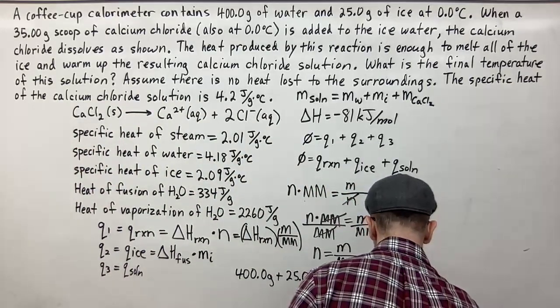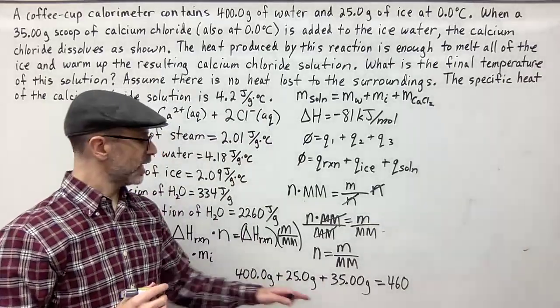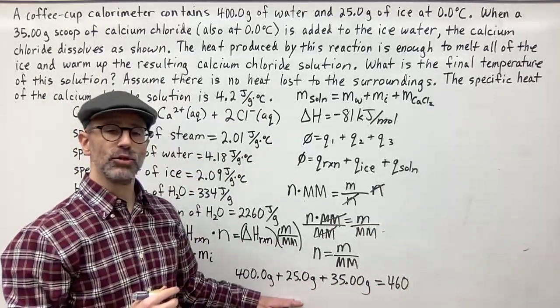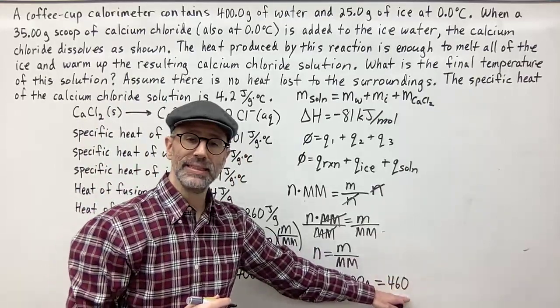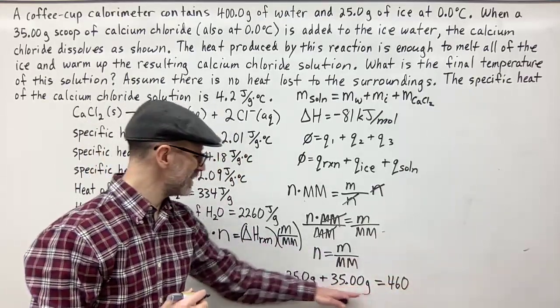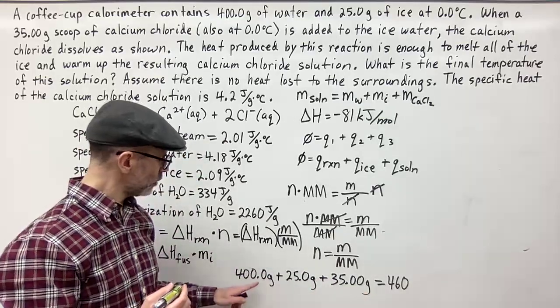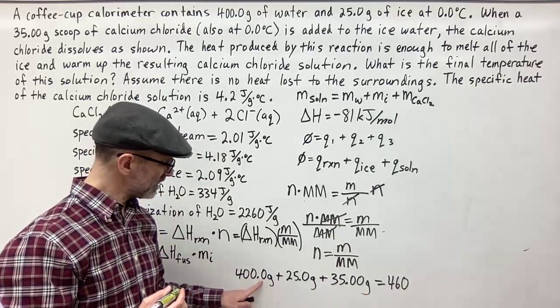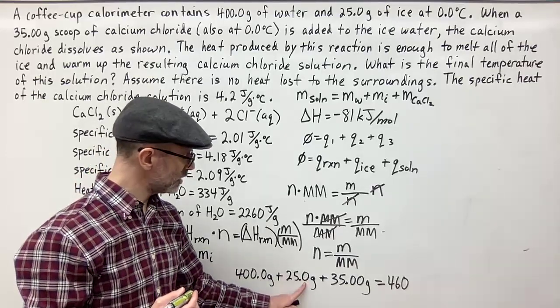And for the number of sig figs, when you're adding and subtracting, the rule is that the number of decimal places in your answer should be the same as the least number of decimal places in the measurements you're adding. So the last digit here is in the tenths place. The last digit here is in the tenths place.